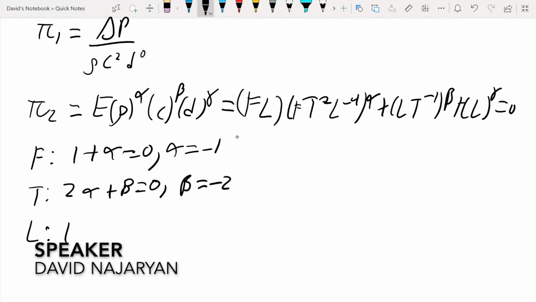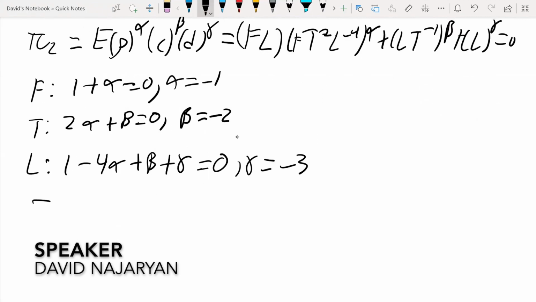And for the length term, we have 1 minus 4 alpha plus beta plus gamma equals 0, where gamma is -3. So our pi 2 term is this.